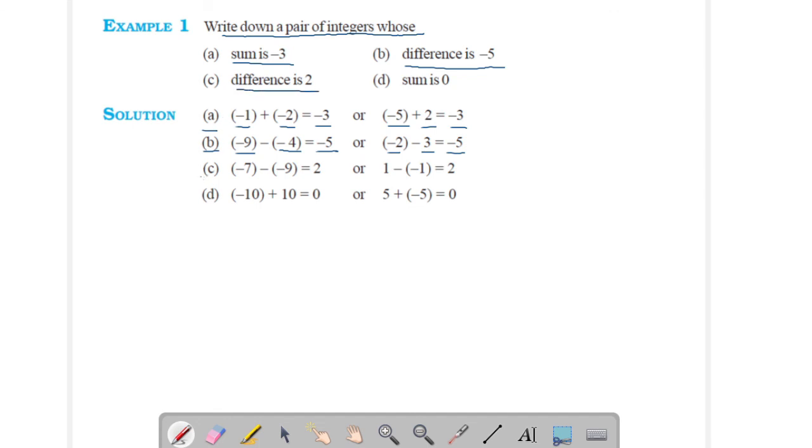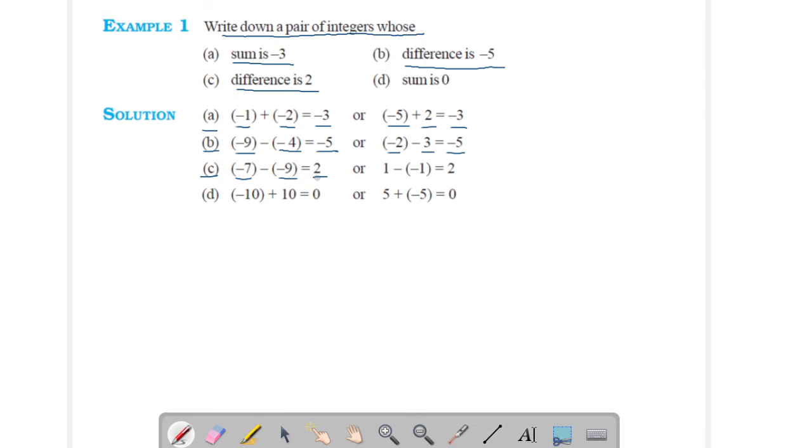So see the answer. Here let us take these two integers minus 7 and minus 9, and if you subtract, minus 7 minus within the bracket minus 9, if you open this bracket, minus minus is plus, minus 7 plus 9, you will get 2. It means your answer is minus 7 and minus 9.